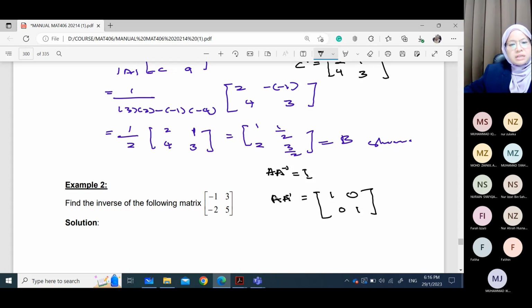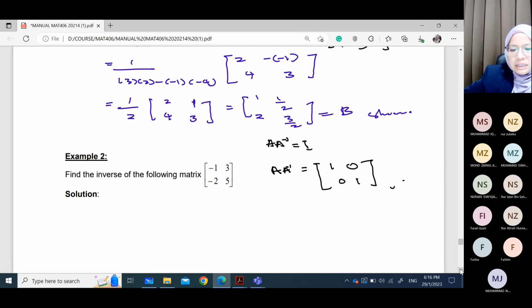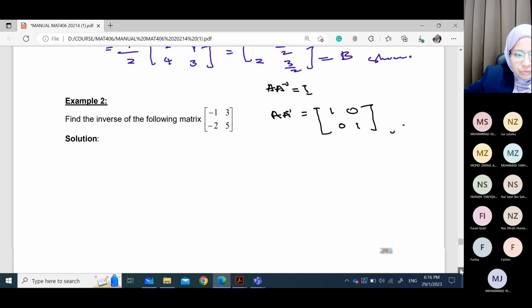Jadi you multiply A inverse dengan A matrix asal, so you akan dapat 1, 0, 0, 1. Kalau you dapat ni, maknanya you punya inverse matrix adalah betul. Okay? Ni so this one is for checking lah. Untuk you verify that your inverse matrix is true.